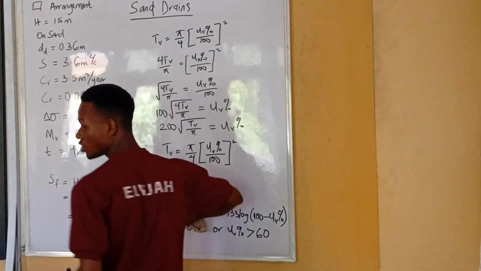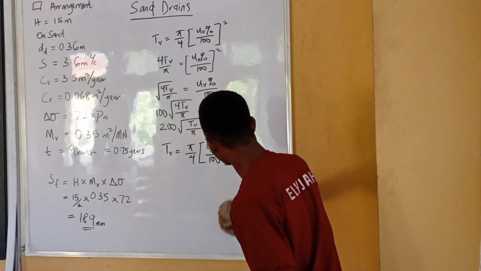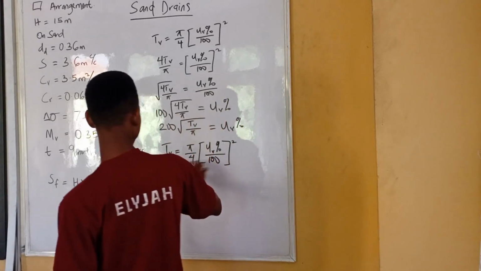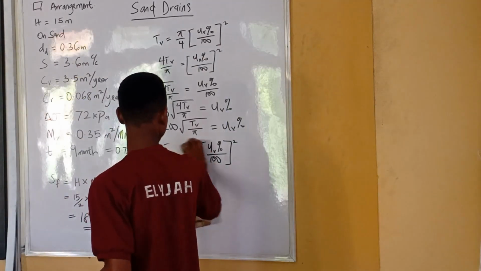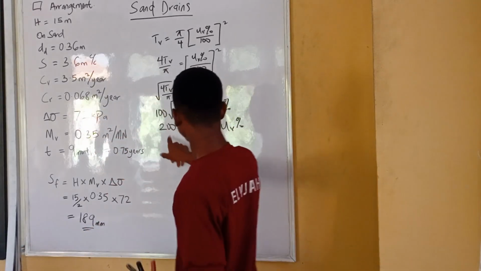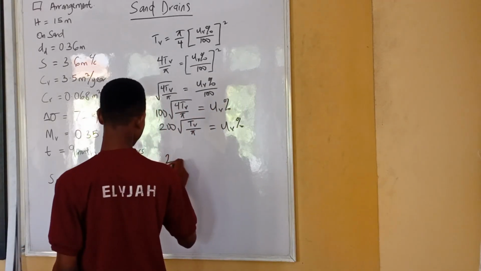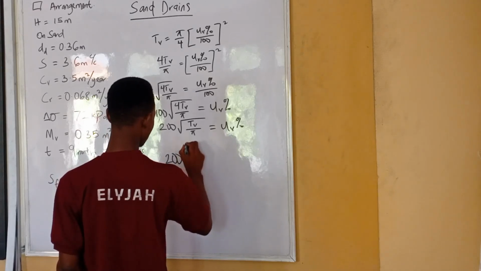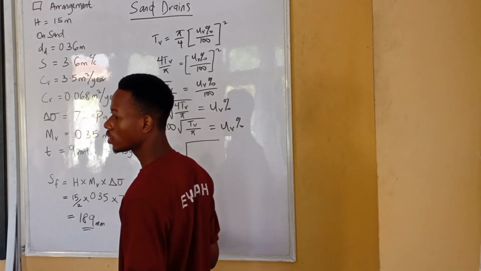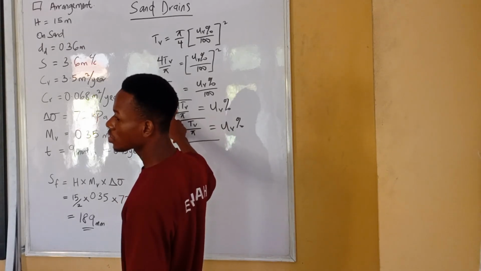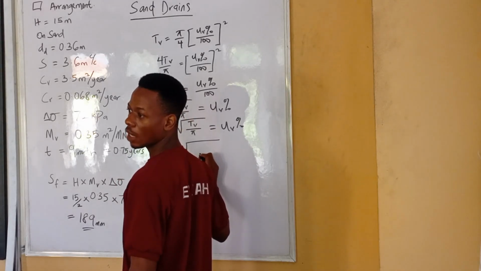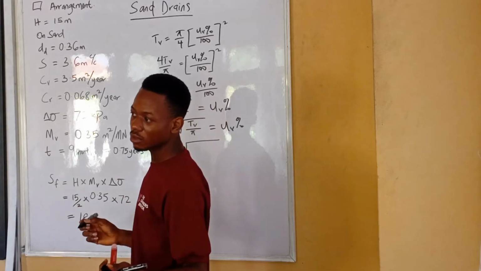So let's just put in our values. How do you get 200? 2 times 100. What's our TV, the one we got the other time? 0.047.